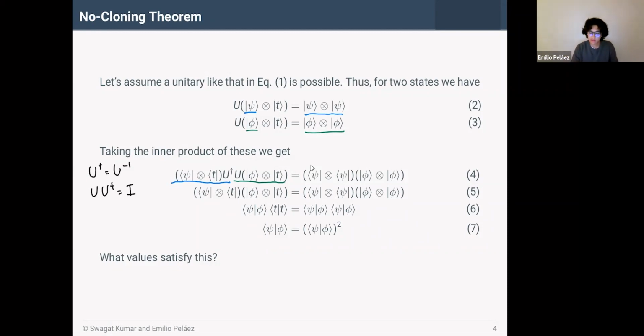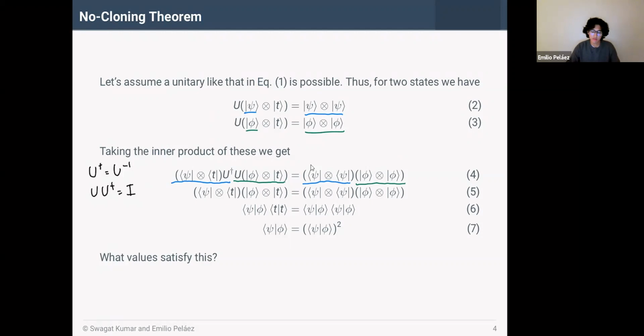And on the right-hand side, we just take the complex conjugate of the right-hand side of equations 2 and 3. So this is from equation 3, sorry. And this is from equation 2, okay? So in the next step, we just get rid of the U and the U dagger. So just like I explained, this is a condition of unitary gates.